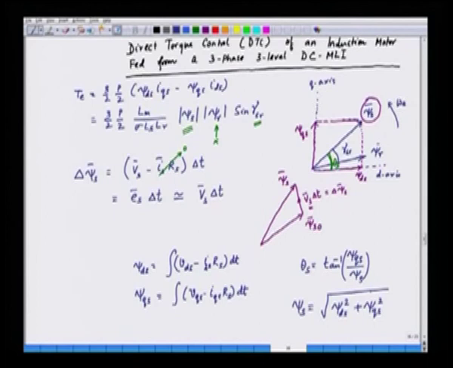These computations have to be done in real time to obtain the amplitude of the flux, psi s, and also the angle theta s, from which we can obtain the sector information. So, this is the control principle of induction motor with direct torque control.